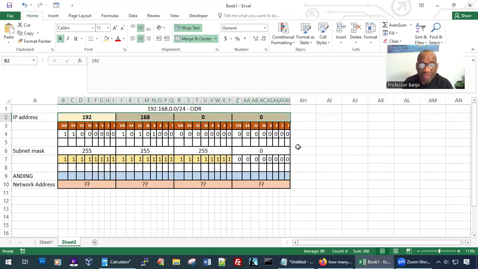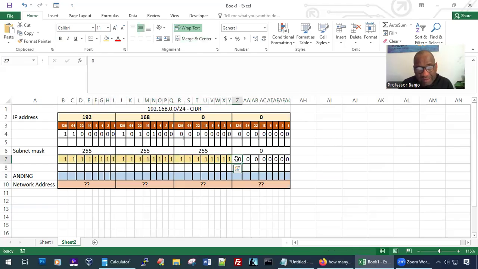And we're always trying to determine how many hosts this network allows. So here, we can see it's slash 24. So the network portion is 24 bits, and the host portion is 8 bits.